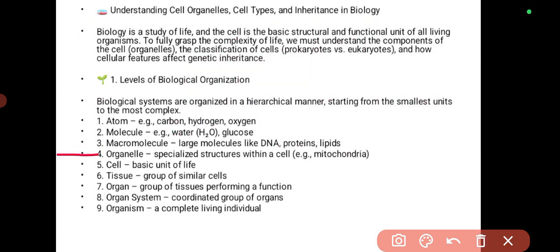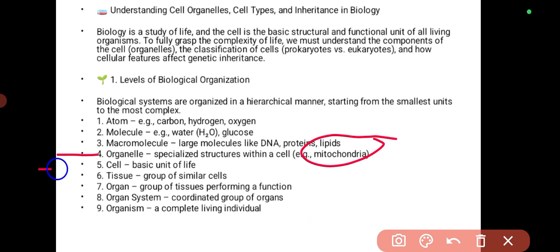Then the next is when macromolecules come together, they form organelles. Organelles are specialized structures within a cell, for example the mitochondria. Those specialized structures perform various roles in the cell, which we call the function of the organelle. And that's how a cell is able to perform its function, because of the roles the organelles play.